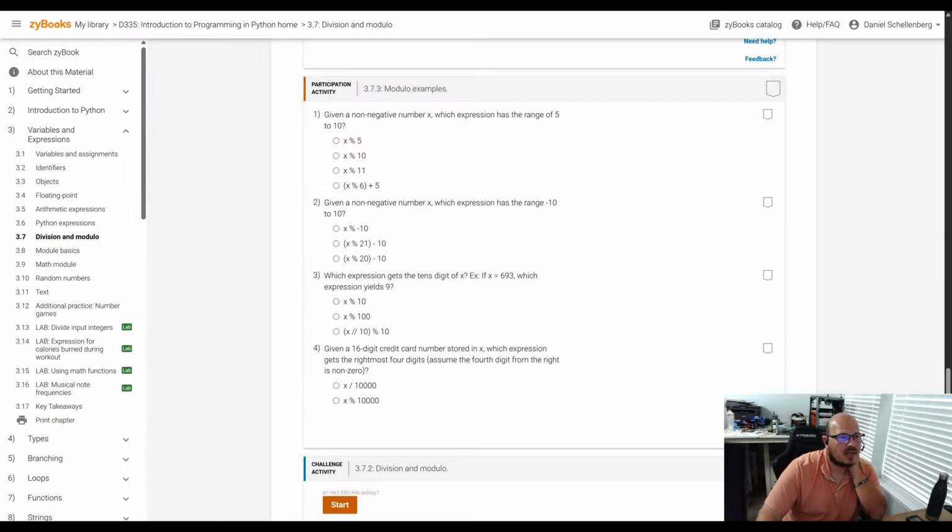I'll be honest, I'm not sure what that question even means. Given a non-negative number x, like 3, which expression has the range of 5 to 10? So is it saying this is the range here? No. Okay, so x modulo 5 yields 0 to 4, not 5 to 10.